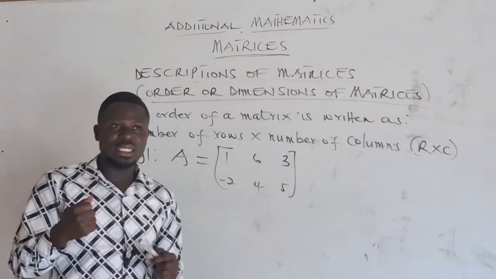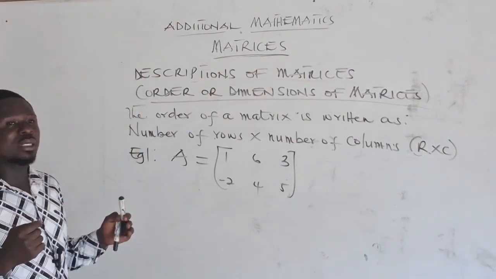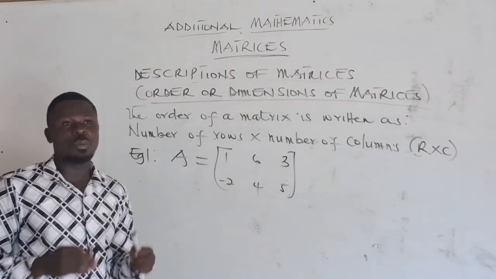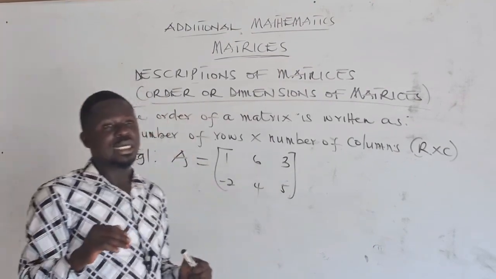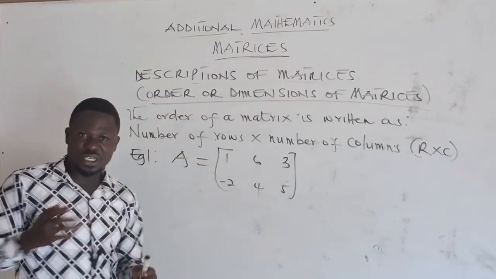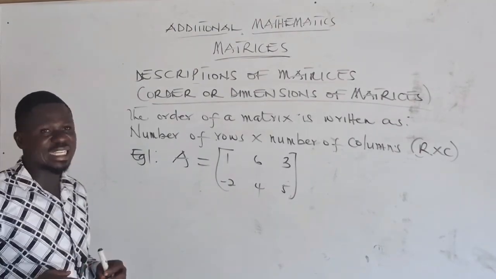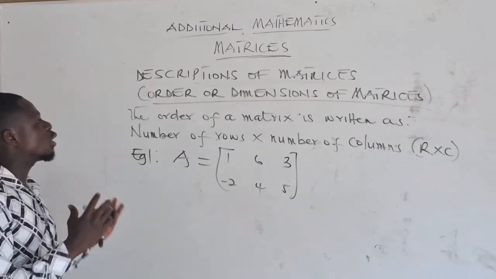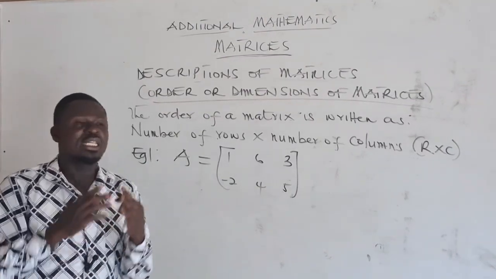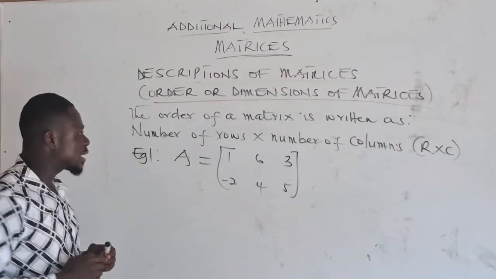We've seen already from the previous subtopic that rows are for the horizontals and columns are for the verticals. So let's quickly look at the number of rows and columns we have here, so that we'll be able to know the order or dimensions of such a matrix.